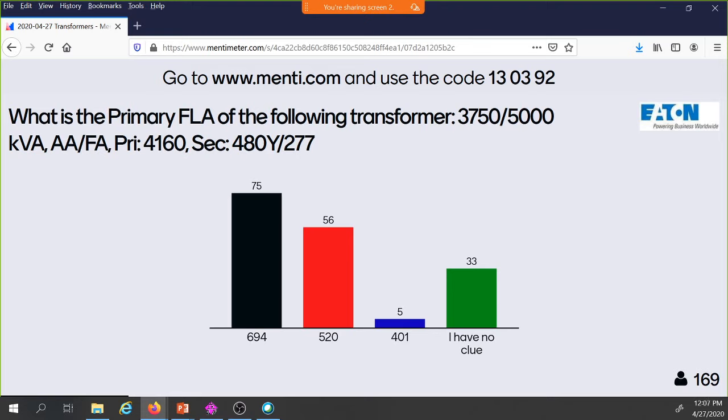The 694 answer there is with the 5,000 kVA. If I'm sizing overcurrent protective devices on this transformer, I'm going to need to make sure that I consider pushing 5,000 kVA through that transformer. That's what you paid for the fans for. That's probably what you paid extra for in that transformer.